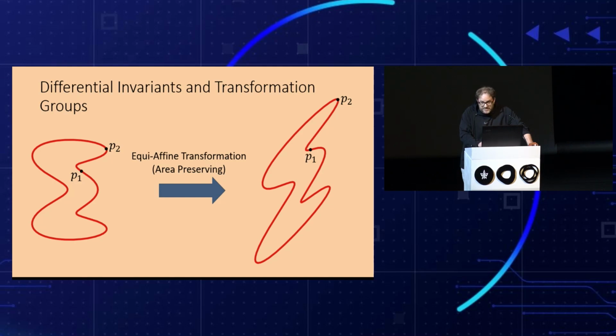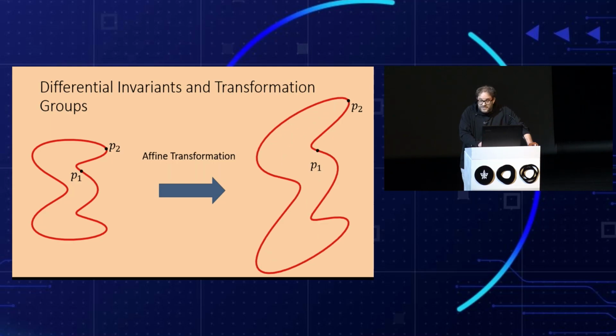There is something called the equi-affine curvature and the equi-affine arc length, which are invariants with respect to this transformation, and therefore there is also the equi-affine derivative of the curvature with respect to the equi-affine arc length, which is also invariant. And going on, it's also true for a general affine transformation and even for a general projective transformation.